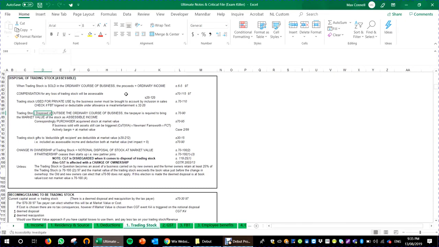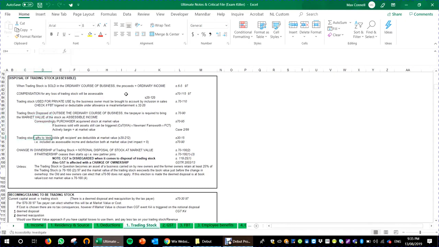This is all outside the ordinary course of business. This is section 70-90. The taxpayer is required to bring the market value of the stock in as assessable income. So if you were to give that stock away, you'd have to record the market value of the stock as assessable income. That can be quite a high value amount, so we would generally avoid doing this outside of the ordinary course of business.